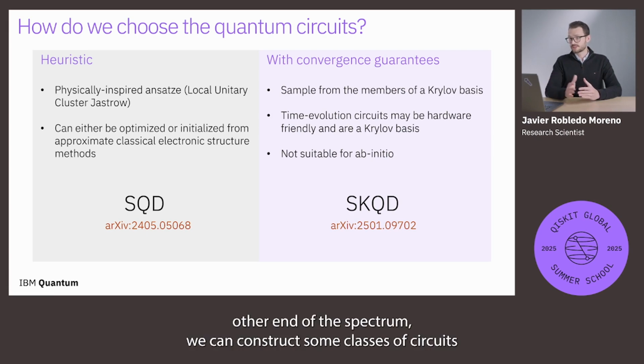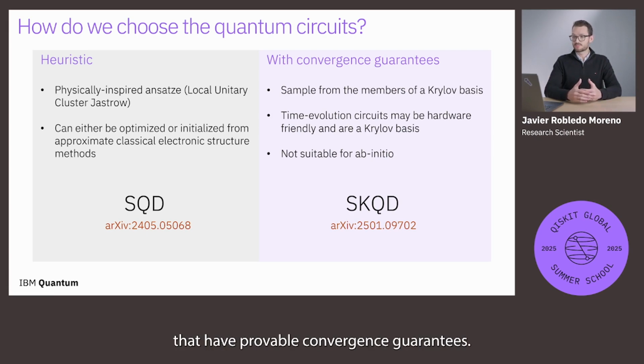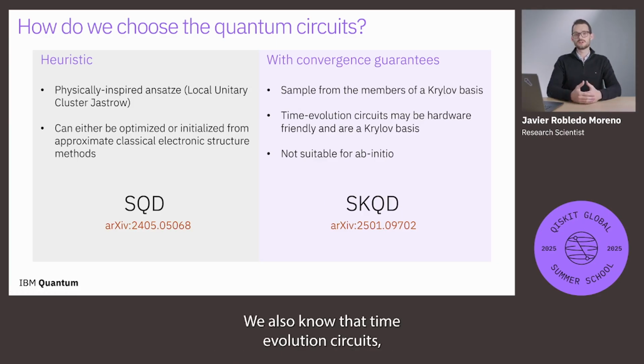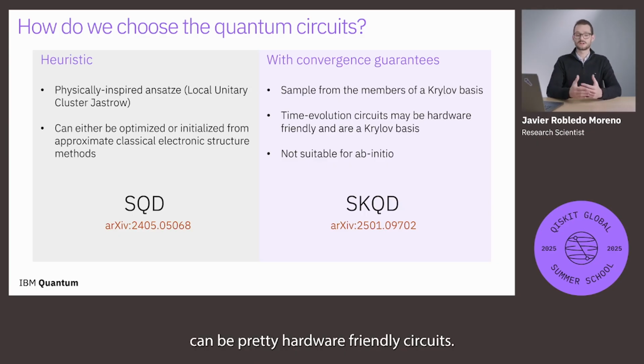On the other end of the spectrum, we can construct some classes of circuits that have provable convergence guarantees. In particular, that is going to be sampling from members of a Krylov basis. We also know that time evolution circuits can be pretty hardware friendly circuits, and they also form Krylov bases.